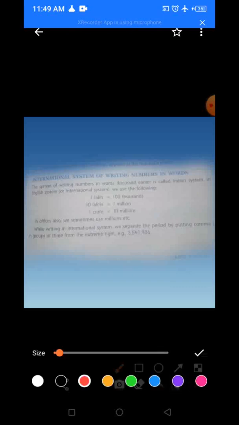If I have to write the place values, it will be the ones, the tens, the hundred, then you have thousand, 10,000, then you have lakh, then you have 10 lakh, then you have crore. Yes, this you have learned.